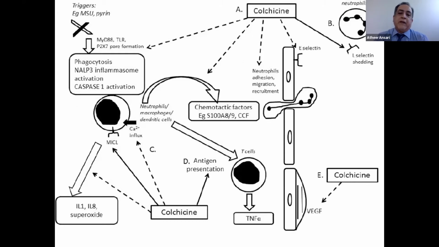I just want to mention something about colchicine. Colchicine, in my opinion, is the cheapest biologic we know, plus it's natural in some way. And why? It doesn't block IL-1 as we showed in the cascade, but it influences a lot of the process from the inflammasomes to inflammation, the trigger that leads to the symptoms.